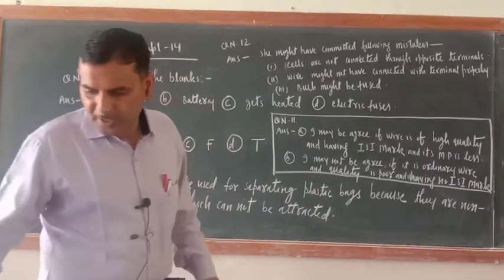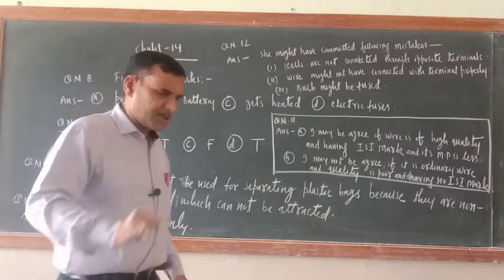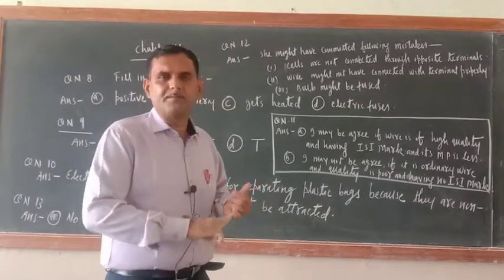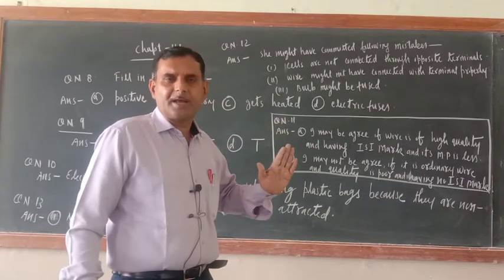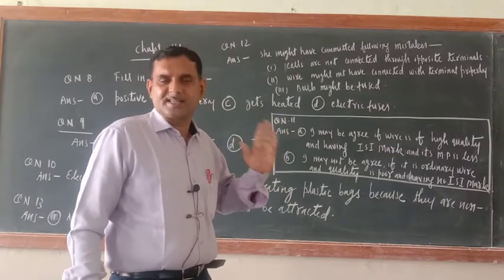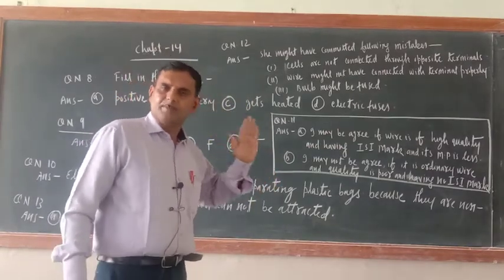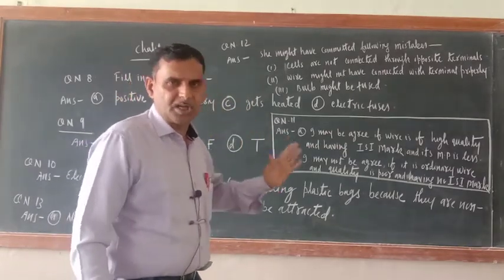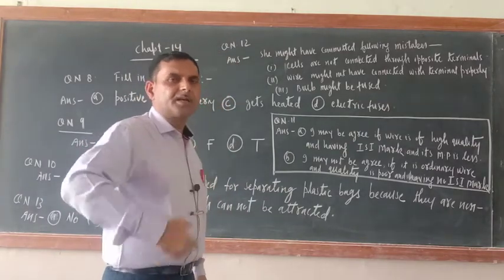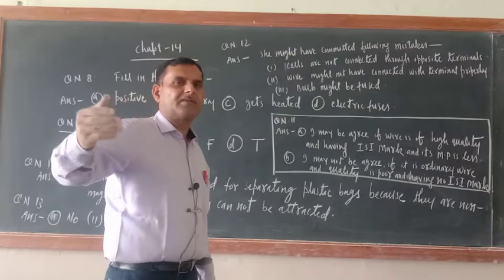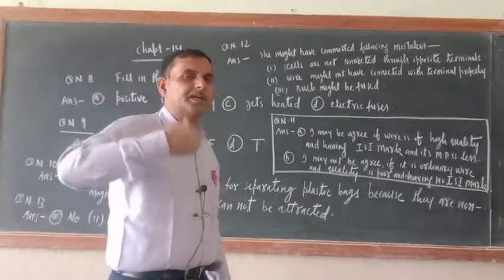In upcoming days, I will start revision from chapter number 10, because till chapter number 9 you have been assessed on the basis of the half yearly exam, periodic test and monthly test. Beyond chapter number 9, chapters 10, 11, 12 should be revised.